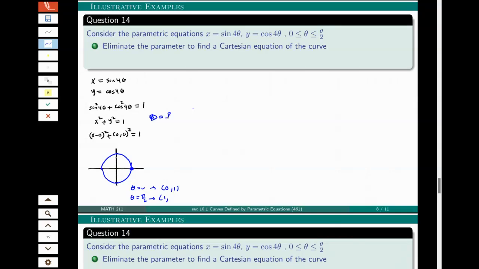Delta is period over 4, and the period here is 2 pi over 4, which is pi over 2, so that will be pi over 2 divided by 4, which is pi over 8. So when I substitute pi over 8, sine pi over 2 will be 1, and cosine pi over 2 will be 0. So I'll get to this point, so it is anti-clockwise. That is if I select the Cartesian system.